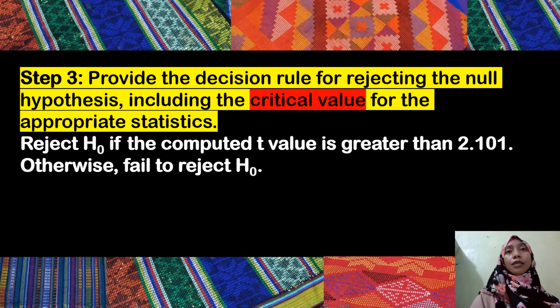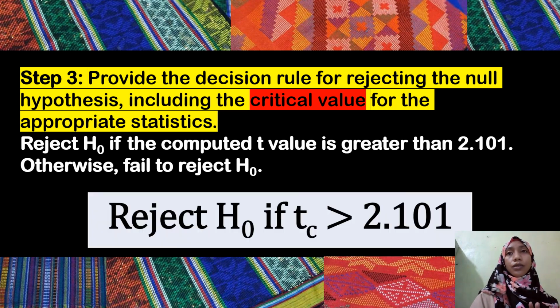Otherwise, fail to reject H0. In formula, we write it this way. Reject the null hypothesis if the critical t-value is greater than 2.101 or 2.10. Now, how did we get 2.101 or the critical t-value?